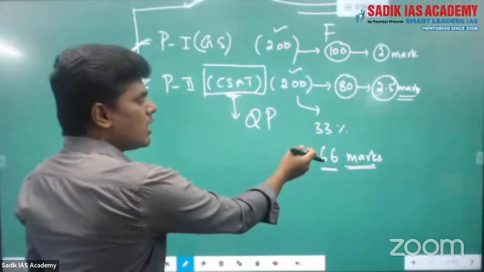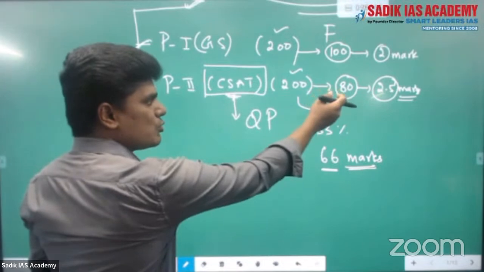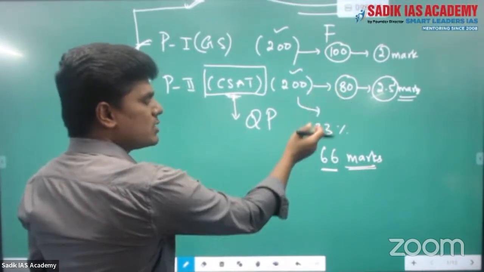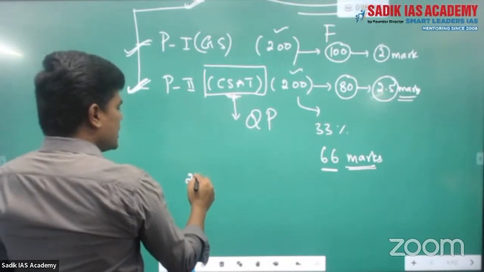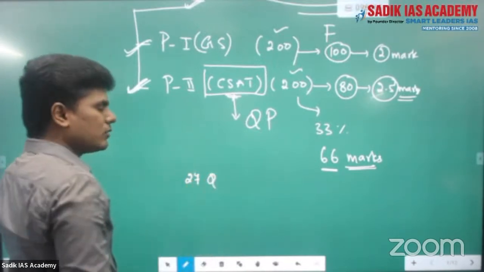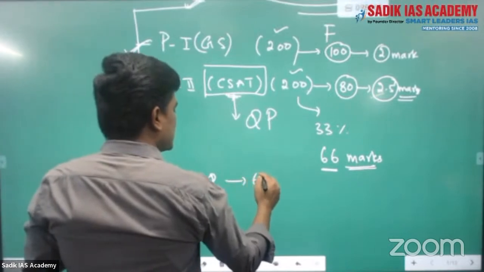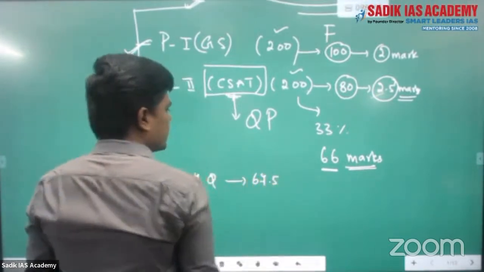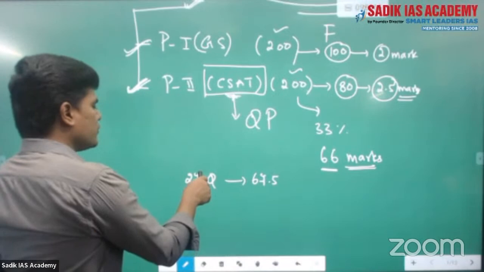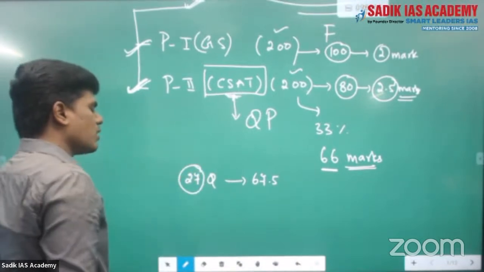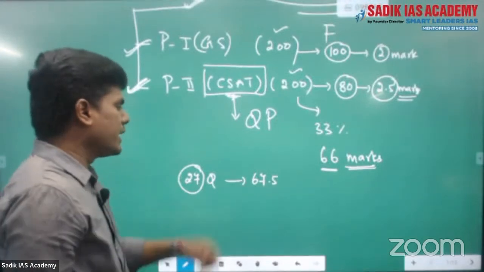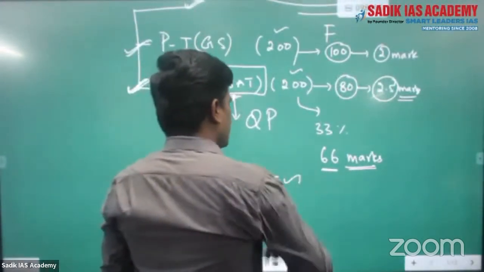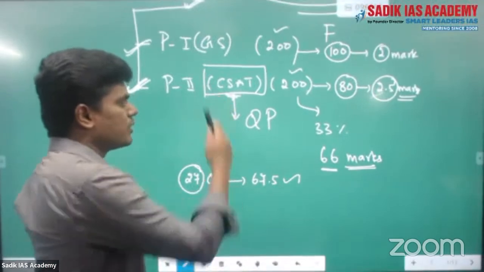Each question carries 2.5 marks, which means you have to get 27 questions correct to get 67.5 marks. So if you write 27 questions correctly, you will get 67.5 marks. That means you are through this paper.